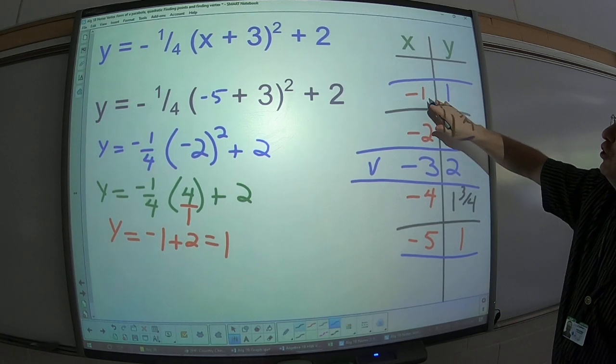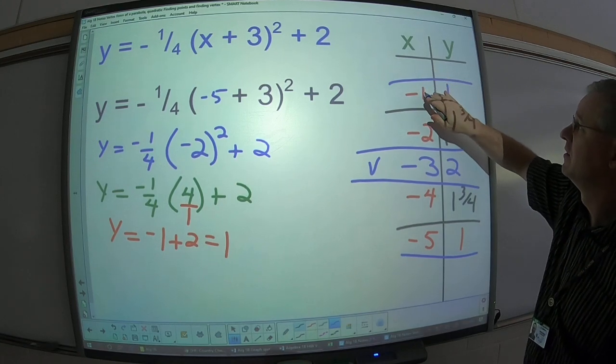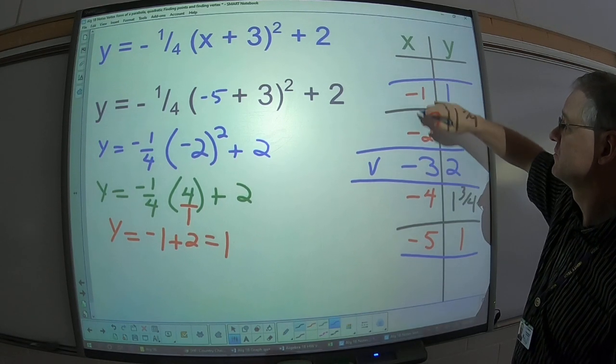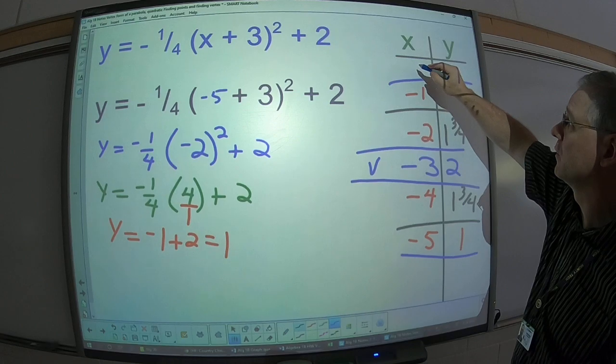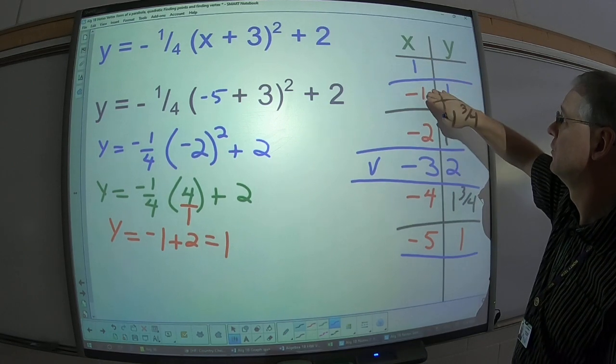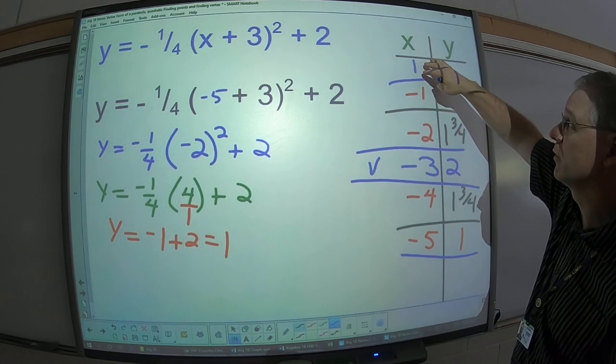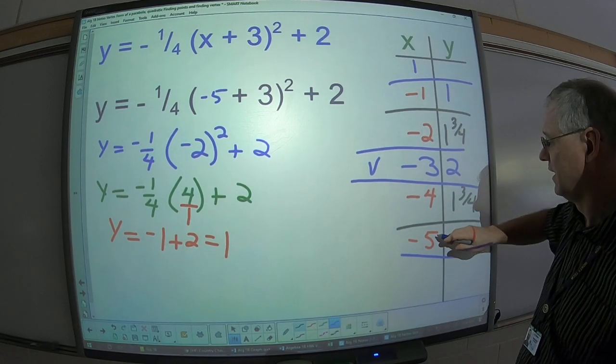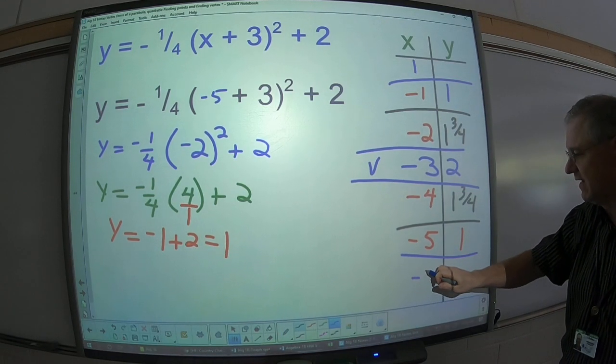So let's go 2 more from -1. -3 plus 4 would be +1, or 2 from -2 more away from -1 is +1, and 2 further down is -7.